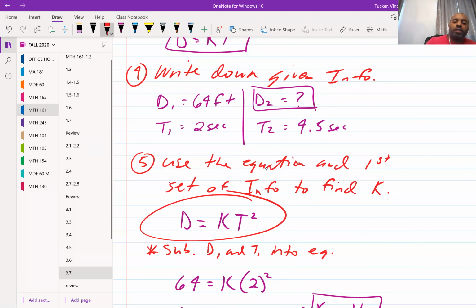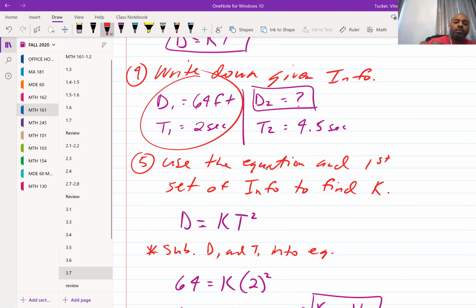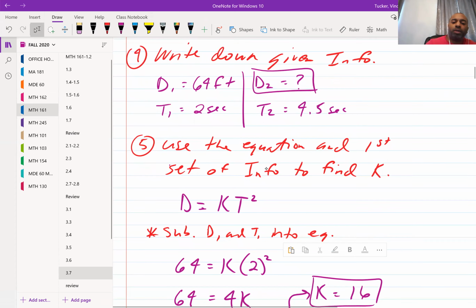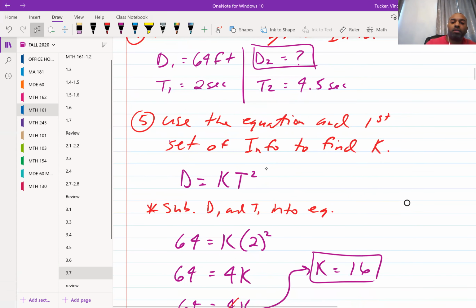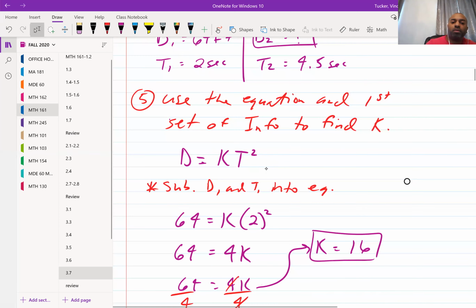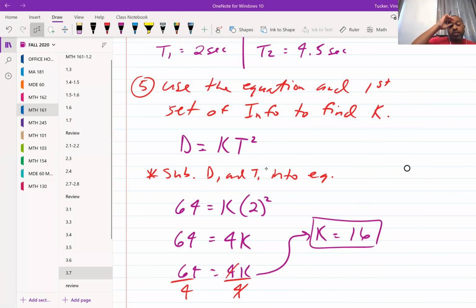So our equation is D equal to K times T squared. So you plug in D1 and T1. So the 64 equal to K times 2 squared. That'll be 64 equal to 4K, divided by 4.